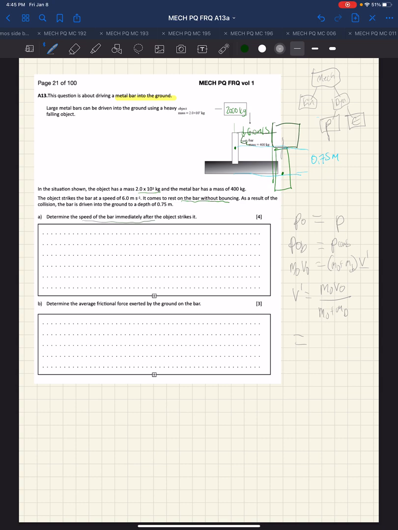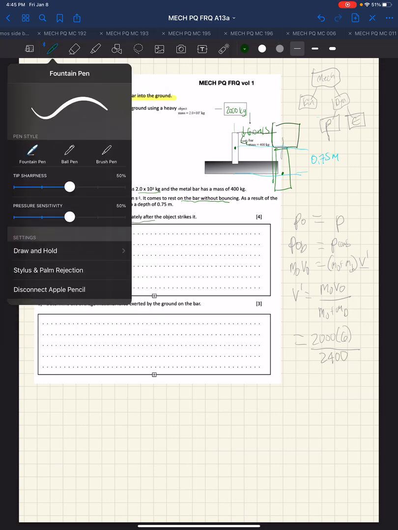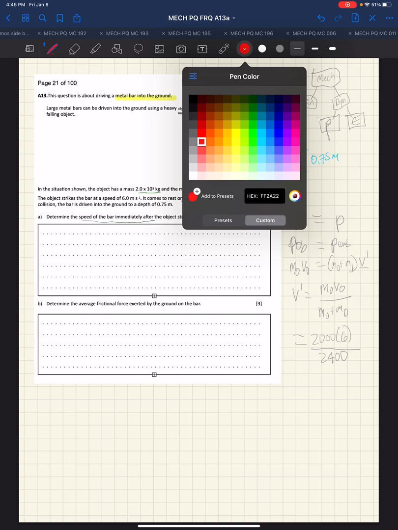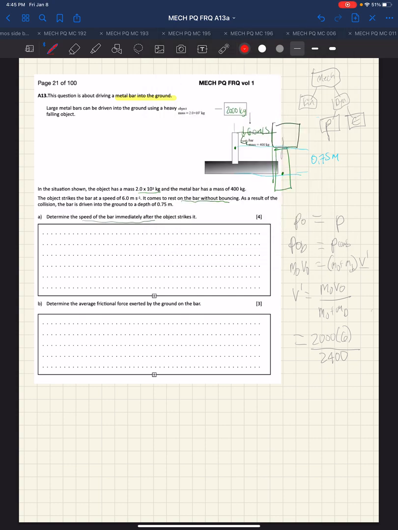So that looks to be 2,000 times 6 all over 2,000 plus 400, or 2,400. Now we have the wonderful, great fortune of having numbers that work together very nicely. So we can get rid of these powers of 10. We can see that 6 into 24 is 4 times. And so we're left with 20 over 4, which is 5.0 meters per second.